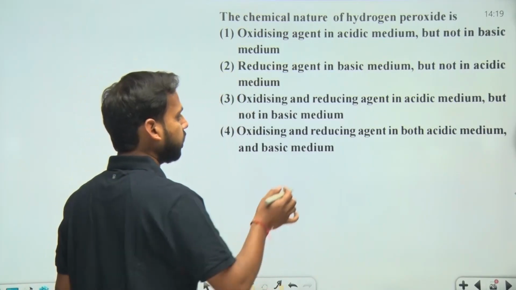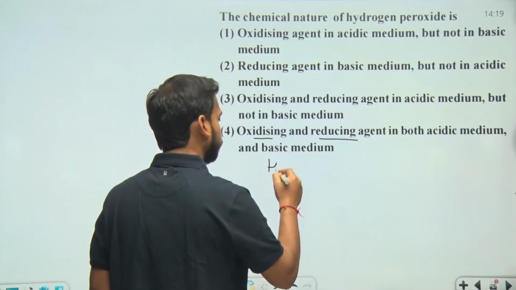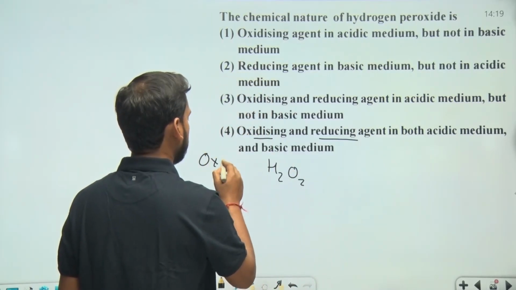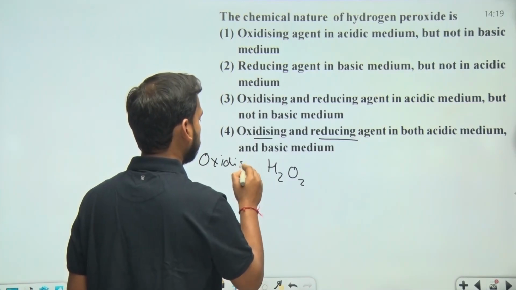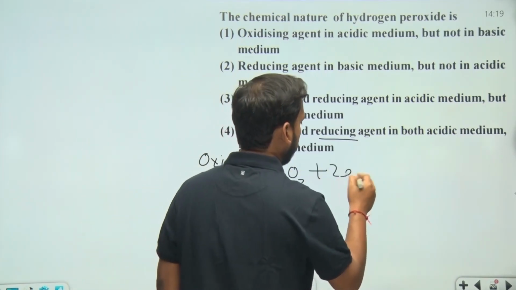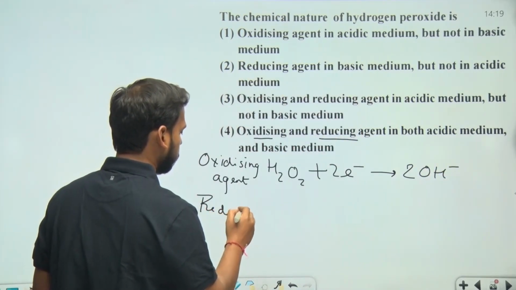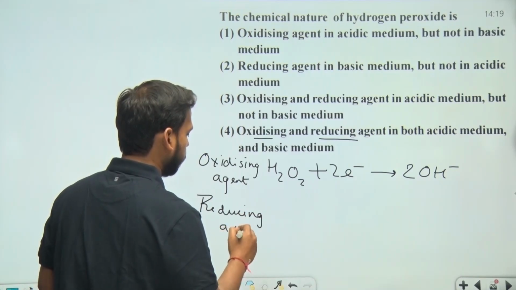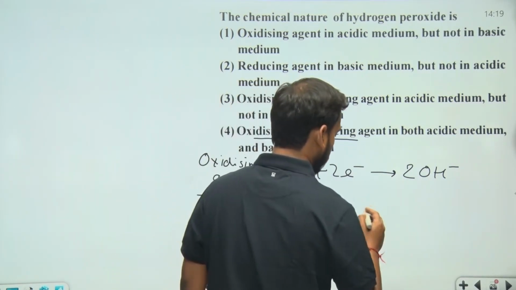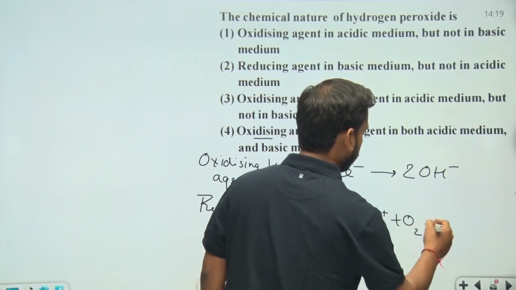So if we see the oxidizing and reducing nature of H2O2, as an oxidizing agent, H2O2 plus 2 electrons converts into 2OH minus, and as a reducing agent, H2O2 is converting into 2H plus, O2 plus 2 electrons.